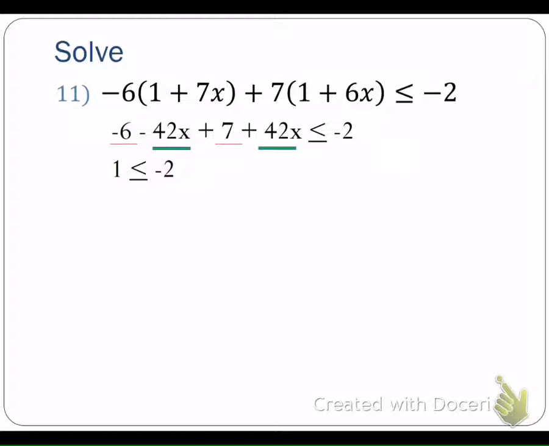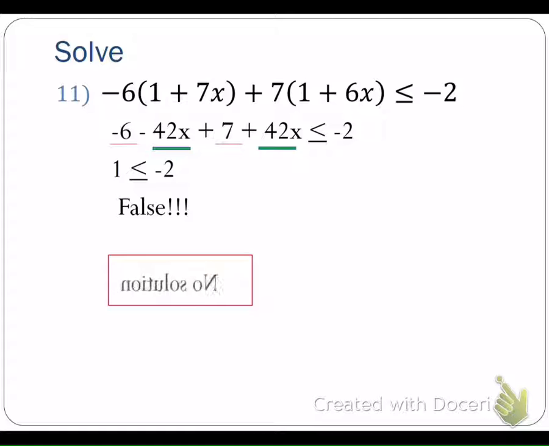Okay, now, very similar to equations. We did the negative 6 plus the 7, we got a 1. You need to ask yourself if what you're looking at is a true statement or a false statement. Is 1 less than or equal to negative 2? No, it is not. So that means we have no solution.